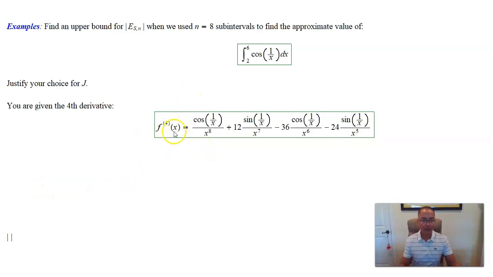We want to control the absolute value of this fourth derivative. Okay, so we're going to do something very similar to what we had for trapezoid. We are going to take the absolute value of the fourth, which is the absolute value of all of this.